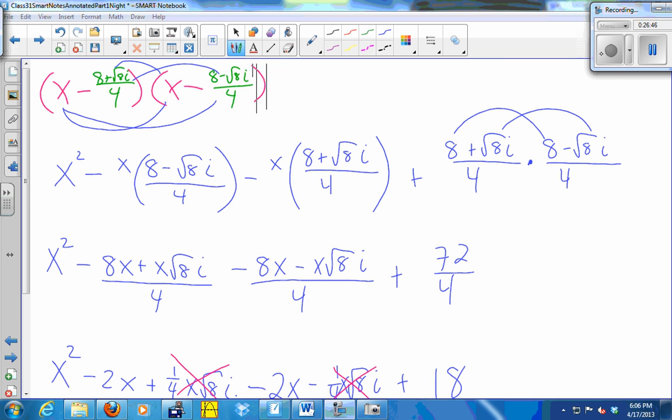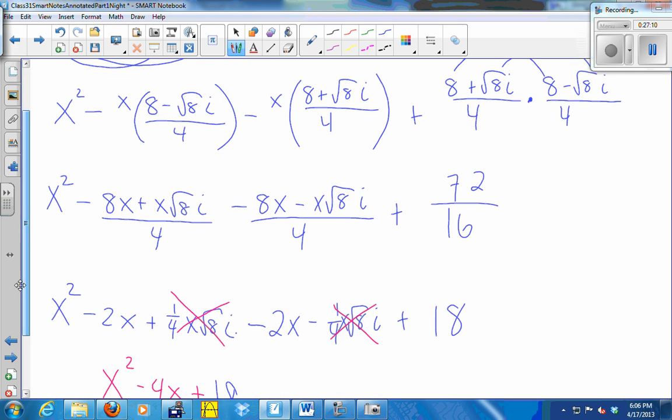Oh my God, you get so embroiled in the complicated stuff with the i's that you forget how to multiply two fractions. Okay. So the problem was over here. I made a mistake multiplying these two fractions. The numerator comes out to 72, and the denominator is 16, because to multiply two fractions, you multiply the tops and the bottoms. 72 over 16 is 4.5.